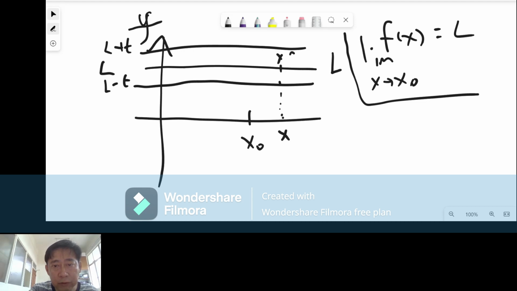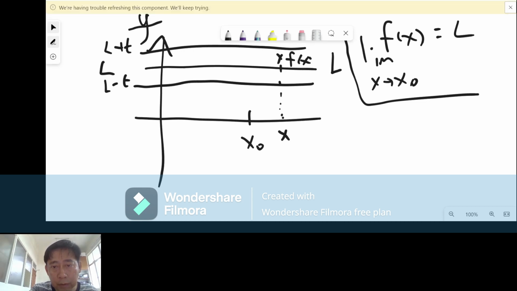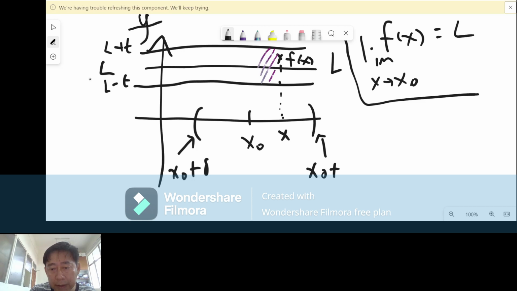and the function at any arbitrary point on the x-axis is always sandwiched within L plus epsilon and L minus epsilon for x that falls within an open interval of x naught plus delta and x naught minus delta.